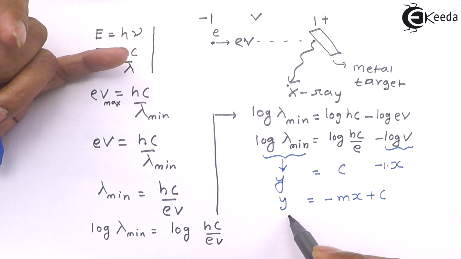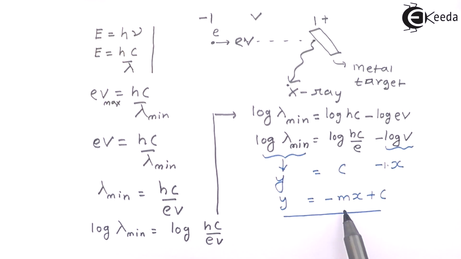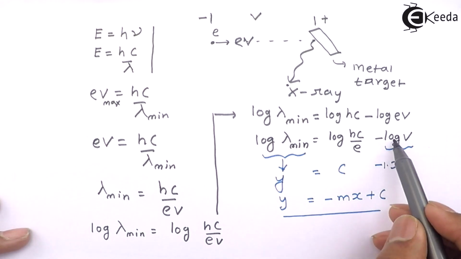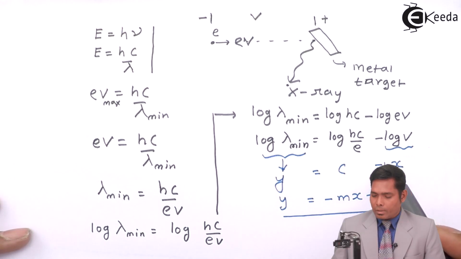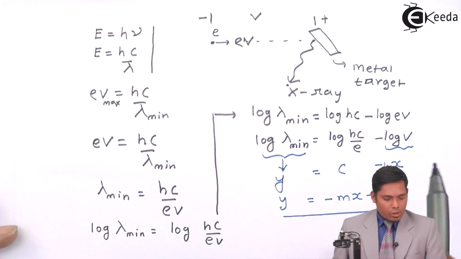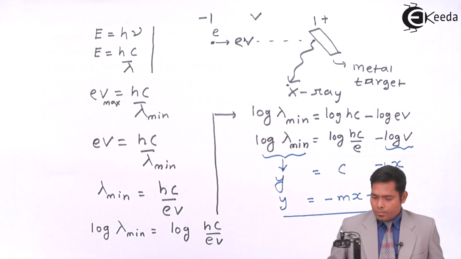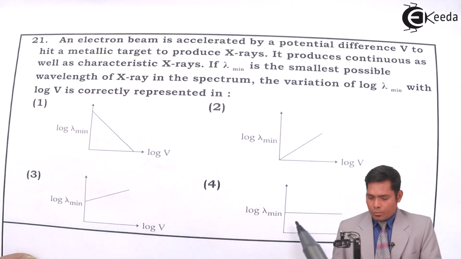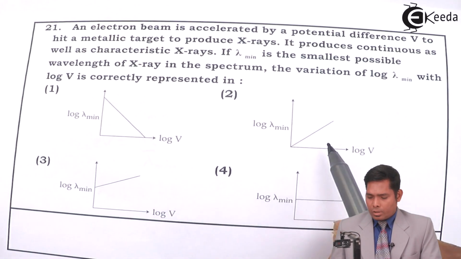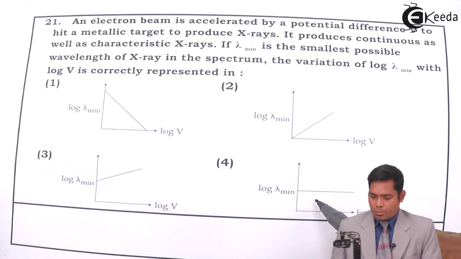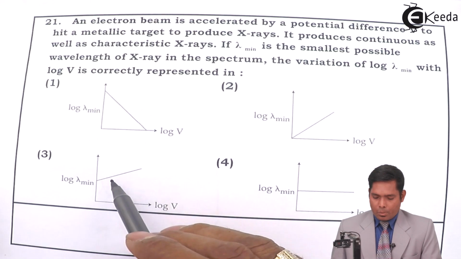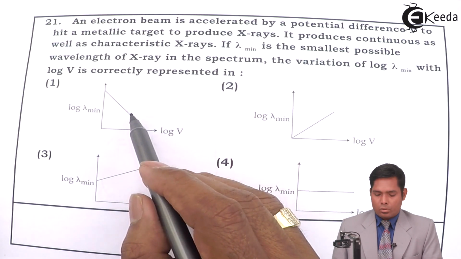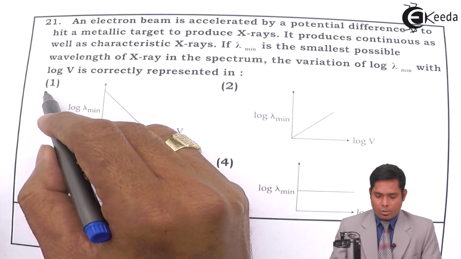You can see clearly that m is the slope, which is negative, minus 1. If the slope is negative, you should choose the graph accordingly. Out of these 4 options, one slope is positive, one is constant, one is positive, and one is negative. So there is only one possible answer, option A.